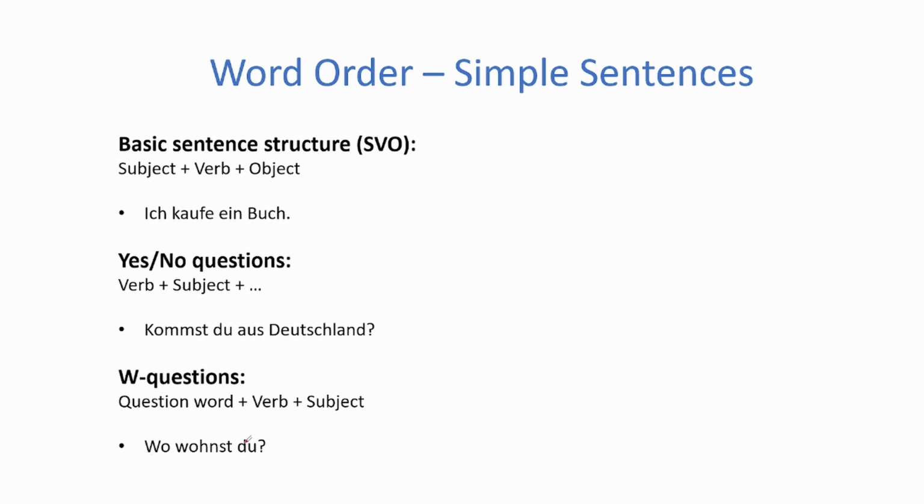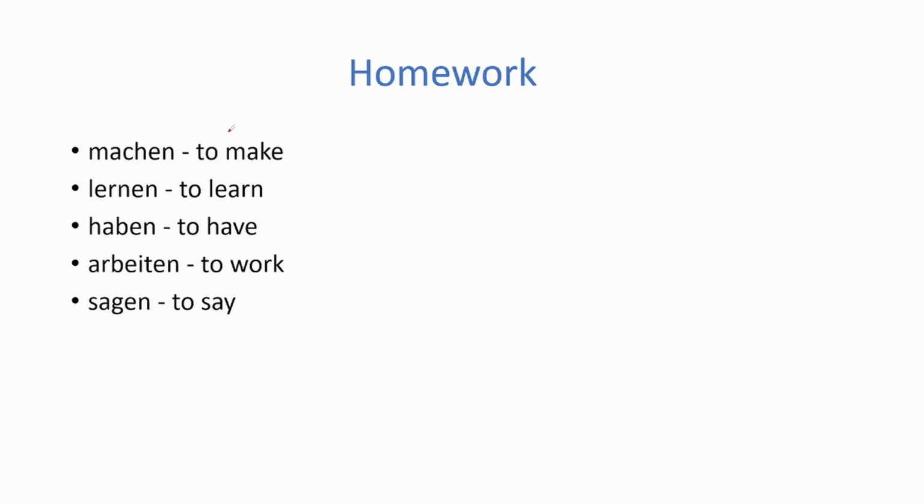For example, wo wohnst du? Wo wohnst du means where do you live? So here, wo is the question word, wohnst is verb, and du is subject.